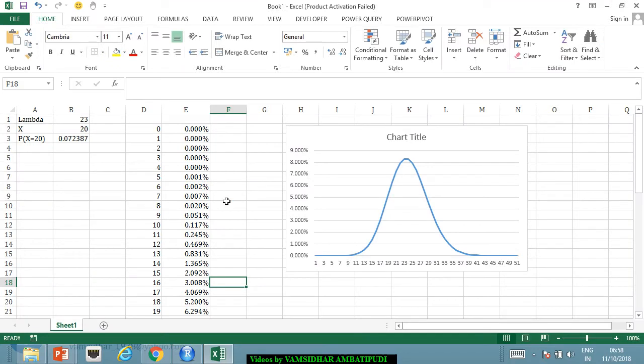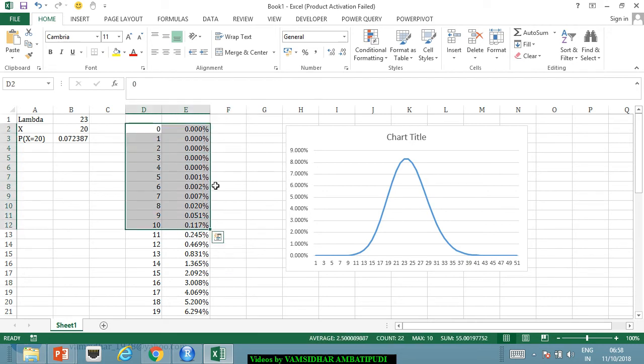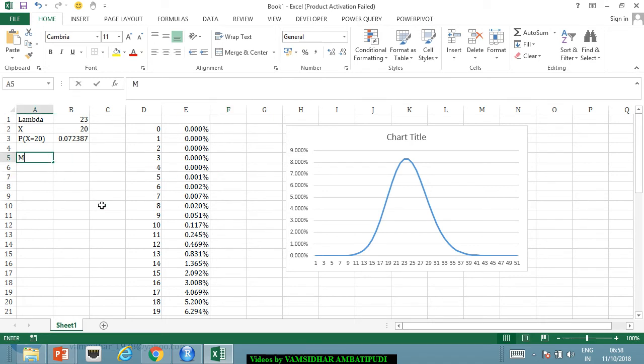The mean is nothing but the weighted average of all these values: 0 into 0.000% plus 1 into 0.000% plus 2 into this, and so on.